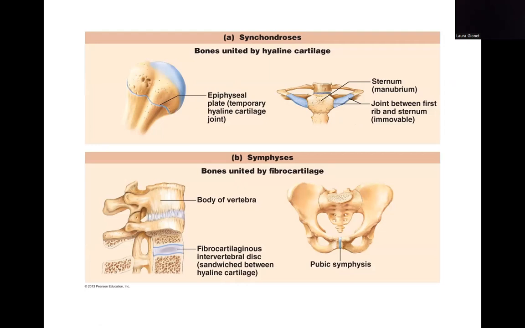It's not one we generally identify in lab, but it is technically one as well. Then below that, we're looking at our symphysis types of joints: the pubic symphysis to the right, that you're familiar with, and the intervertebral discs between two vertebrae.